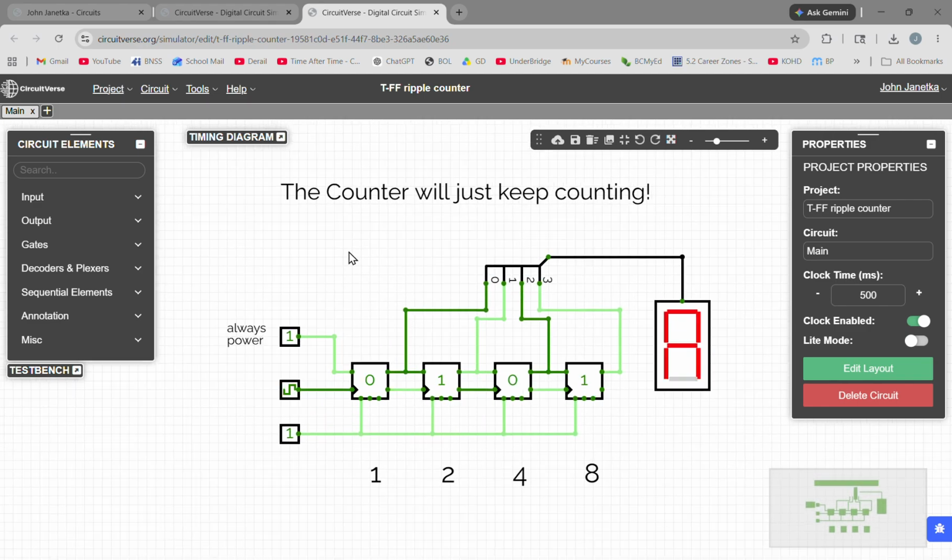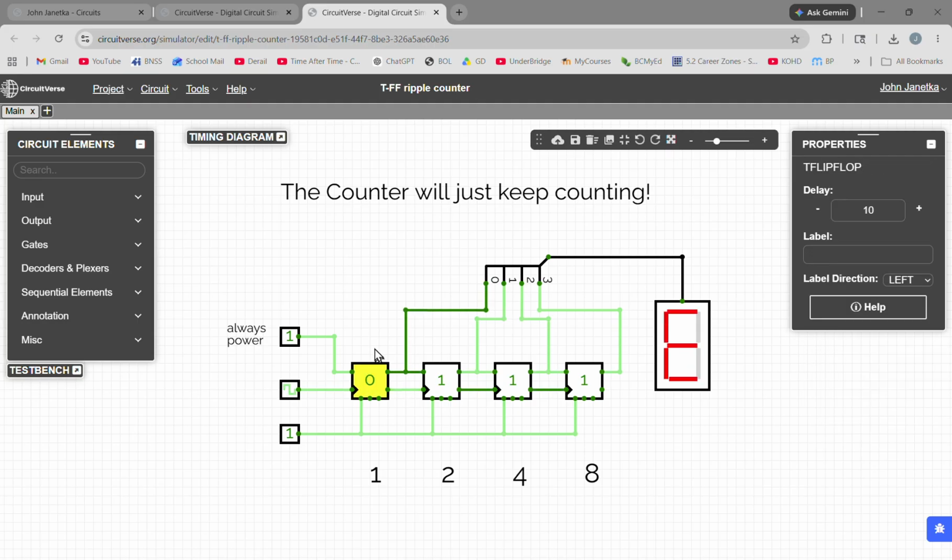Here's a counting circuit. You can see the same pieces are being used again. I'm just using flip-flops, but the output of a flip-flop is connected to the next flip-flop. And where I'm toggling, that's called the clock signal. That's where I was clicking and constantly changing it. You can see that the output of this one is going in to the clock signal of the next, and so on.